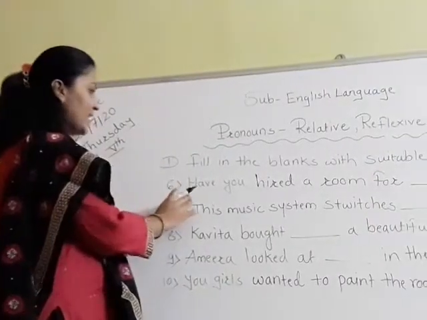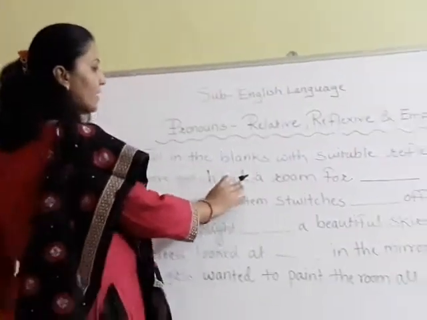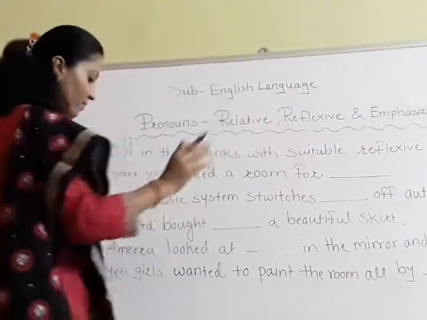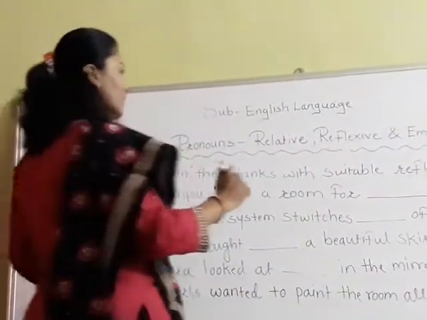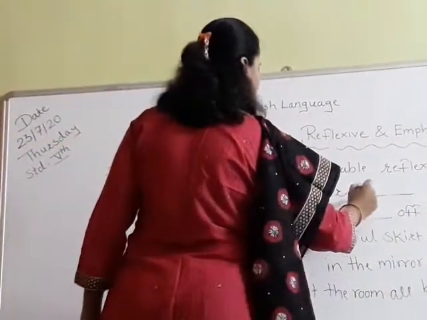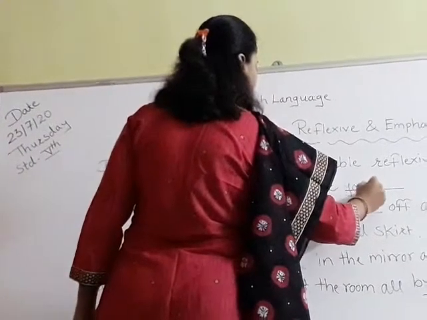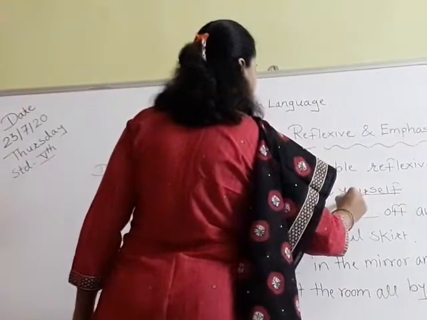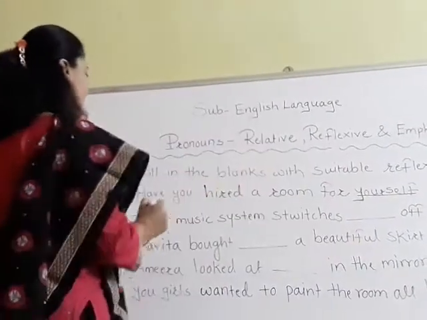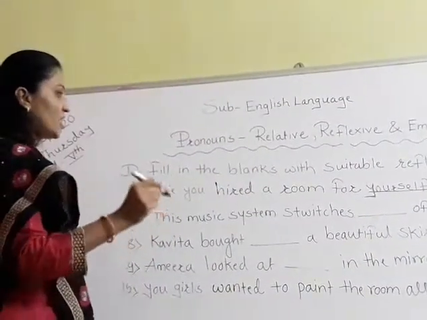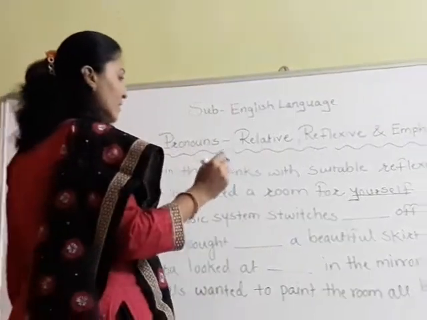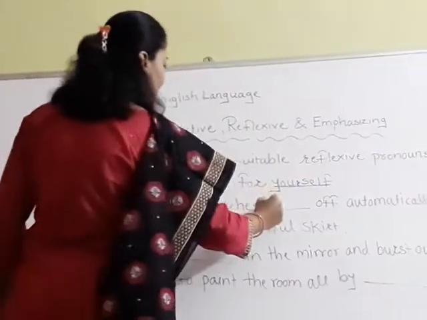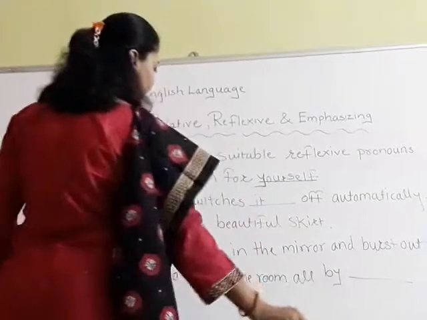Sentence number 6: have you hired a room for, what will be the answer? Yourself. This music system switches dash dash off automatically. What will we write here? Itself.